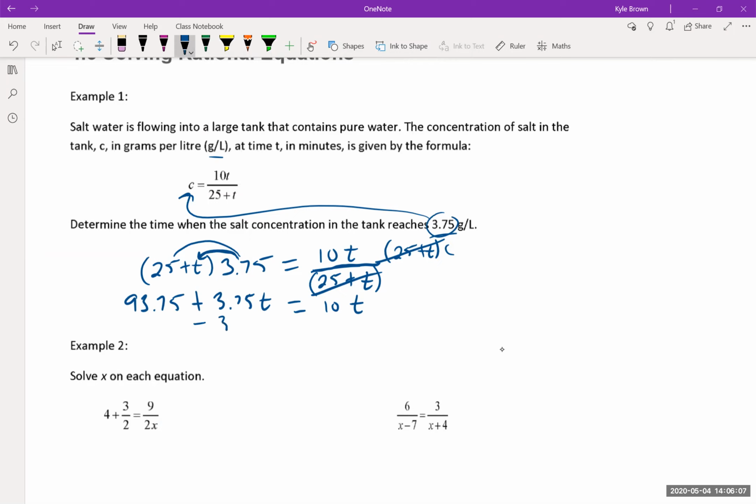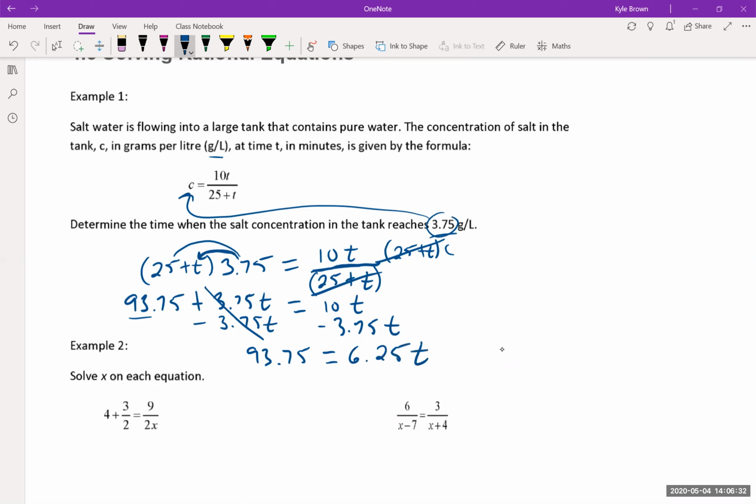We'll subtract 3.75t from both sides. So left over here, just 93.75 is equal to 6.25t.